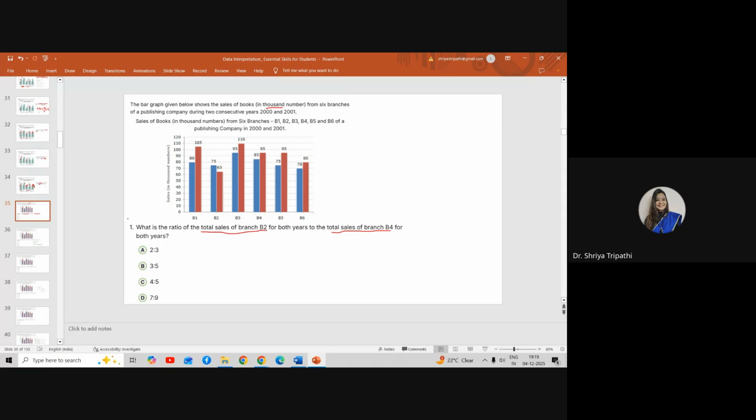Ratio of total sales of branch B2, 75 plus 65. Ratio, again I'm using the divide sign. Total sales for branch B4, which is 85 plus 95.